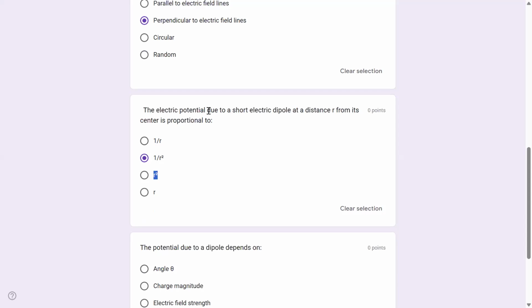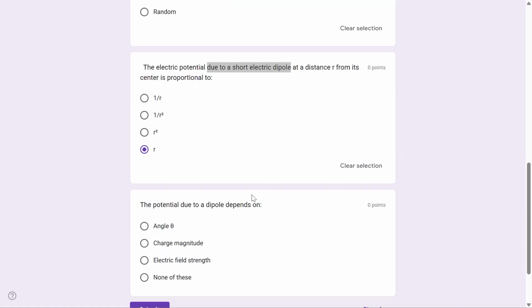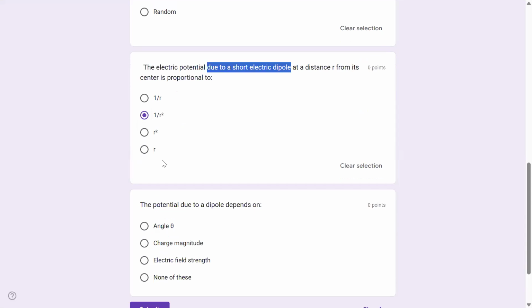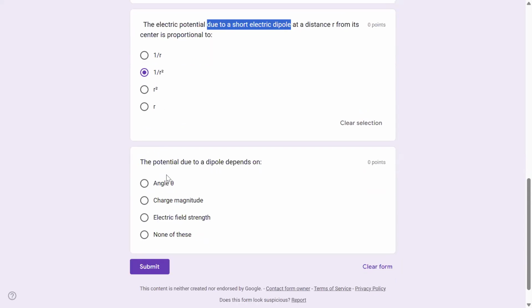Already I told you. We can choose 1 by r square. For an electric dipole, 1 by r square. For a single point charge, 1 by r. So note it down. Clear? Very good.